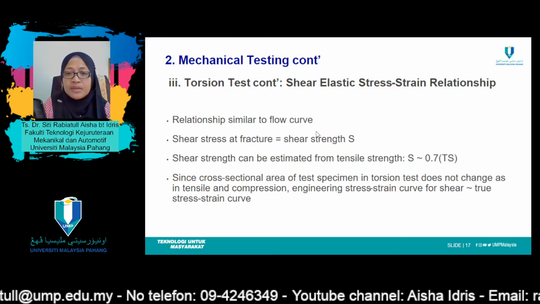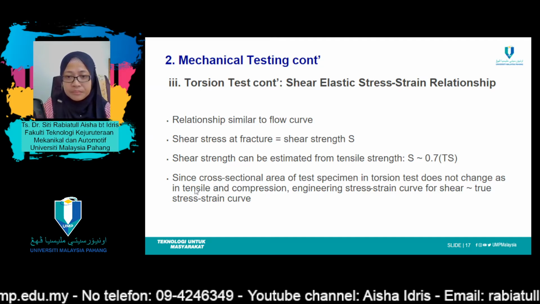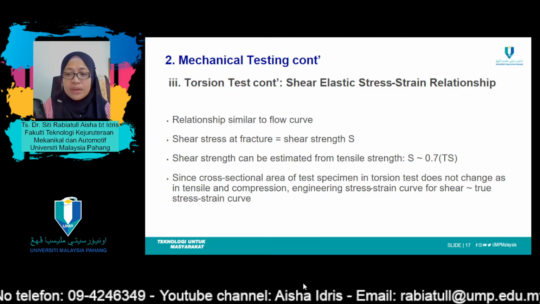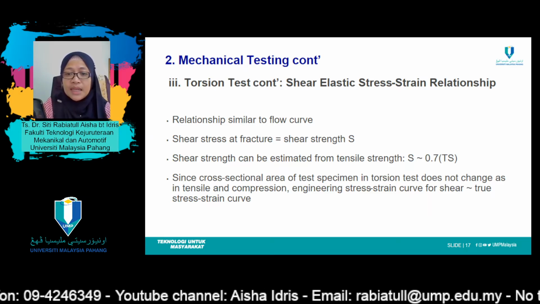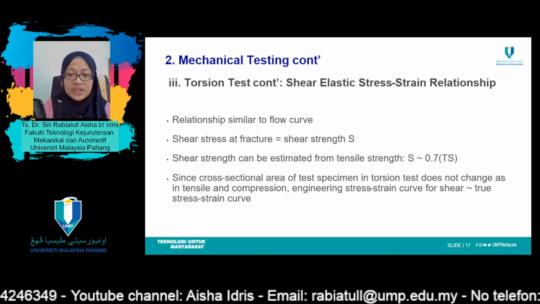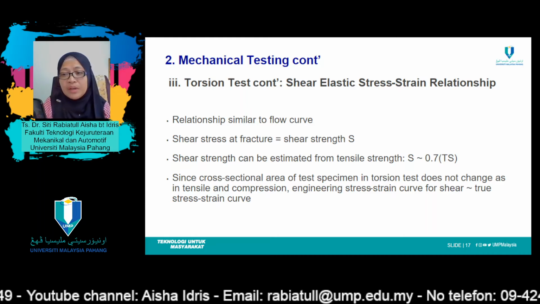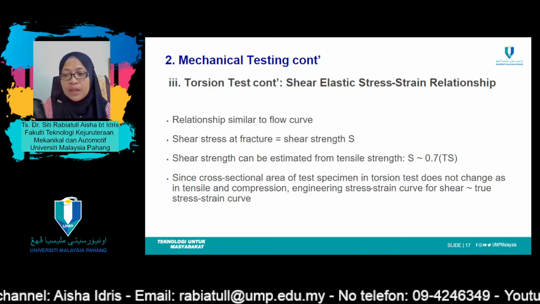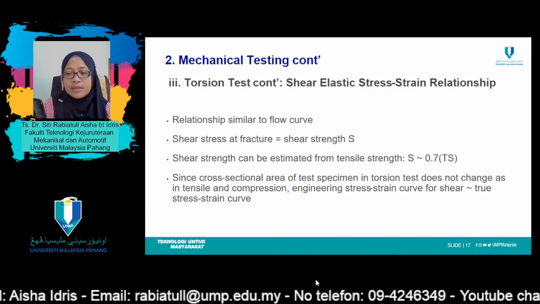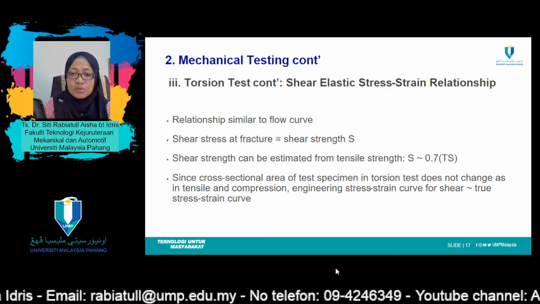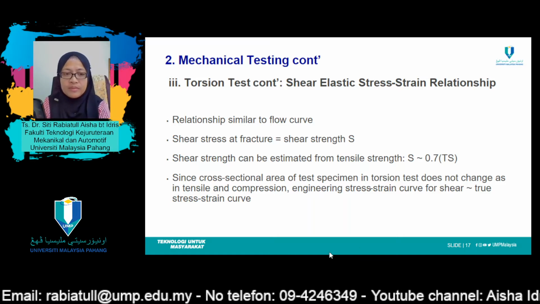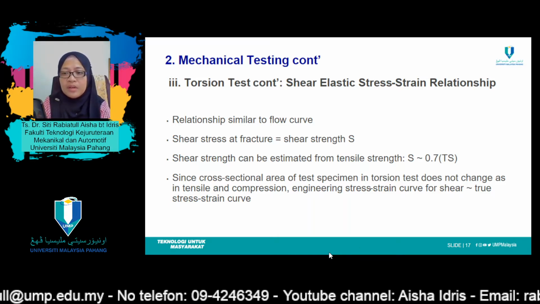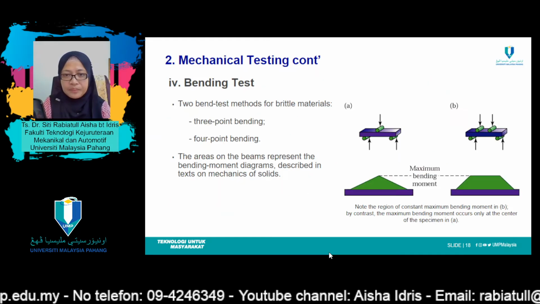Since the cross-sectional area of the test specimen in a torsion test does not change, unlike in tensile and compression, the engineering stress-strain curve for shear can be translated into a true stress-strain curve. So it is slightly different from the stress-strain curve in tensile.